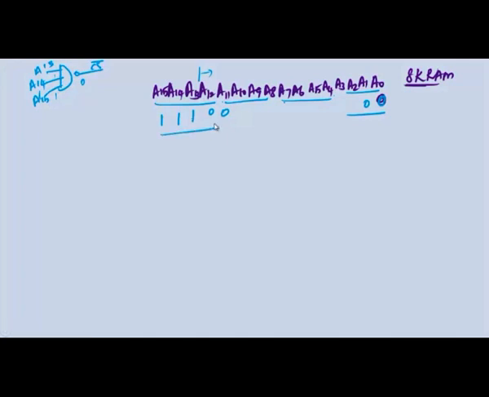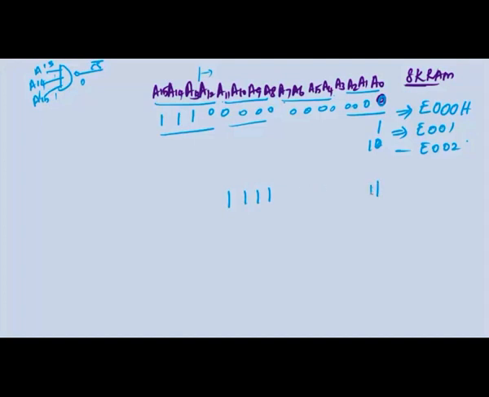Now read the address: this one is E, then all the rest are 0, so the starting address is E000H. Then the address will vary as E001, then E002, and likewise it will increase up to the maximum, where all 13 bits are 1.